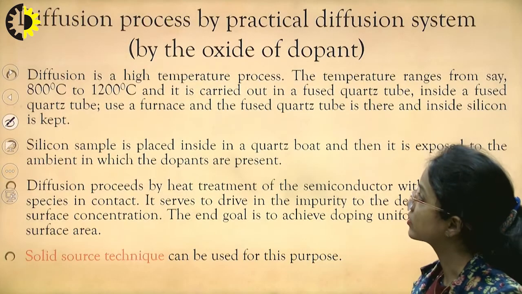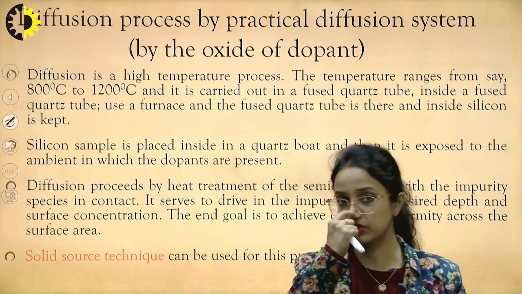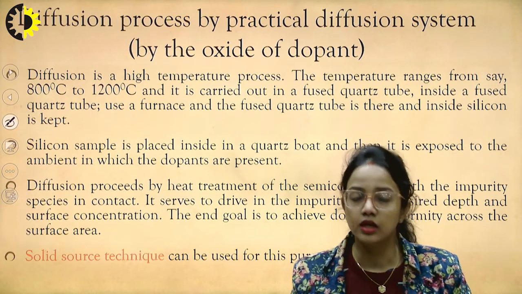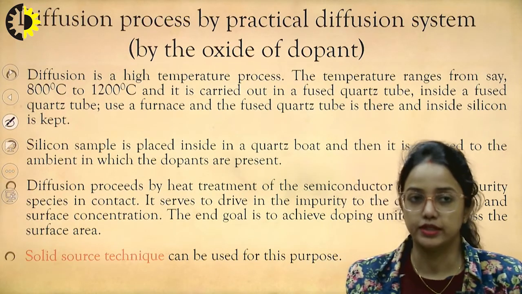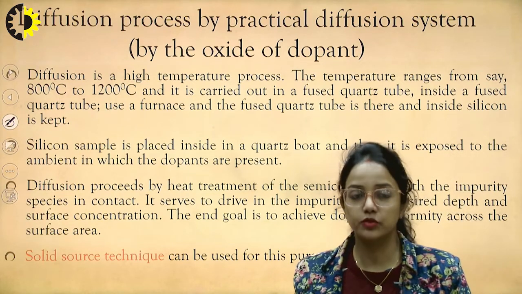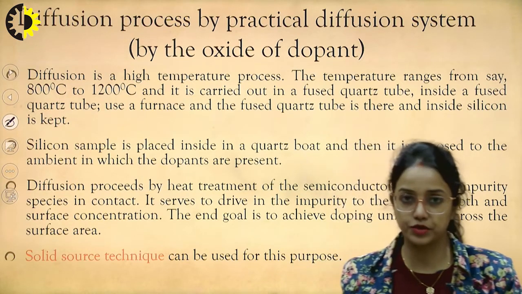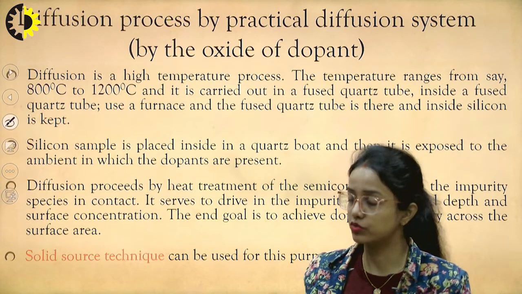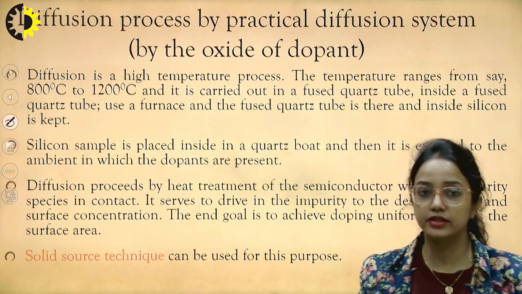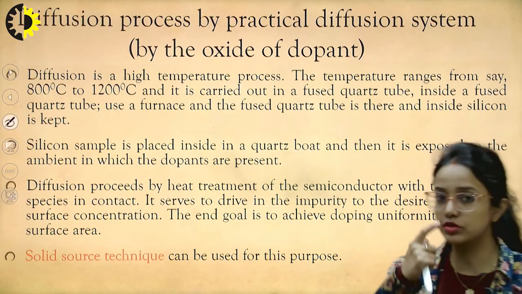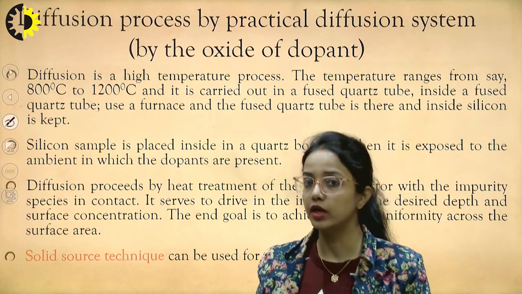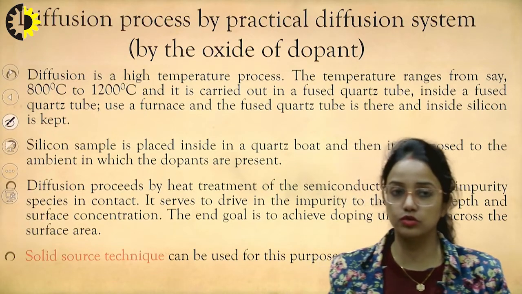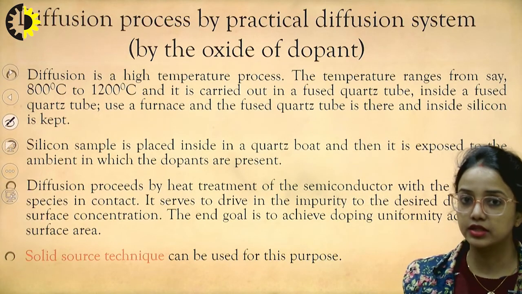So this is the diffusion process by a practical diffusion system, or we can say by oxide of dopant. Diffusion, once again, is a high temperature process. The temperature ranges from 800 to 1200 degrees Celsius, and it is carried out in a fused quartz tube using a furnace.